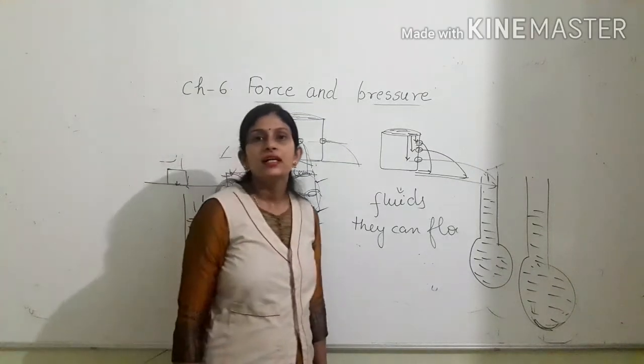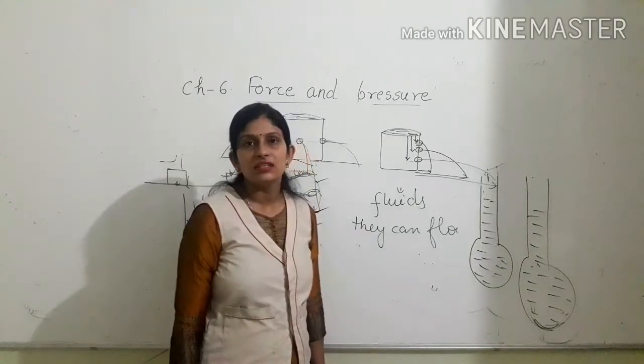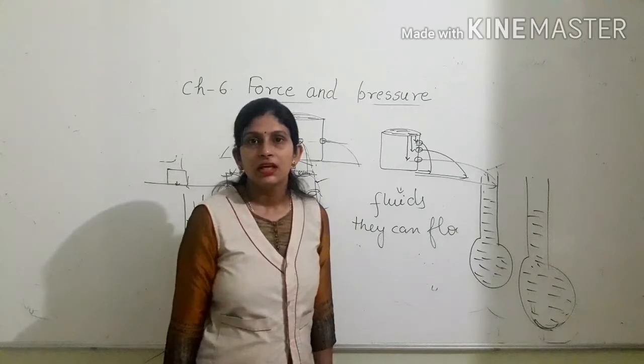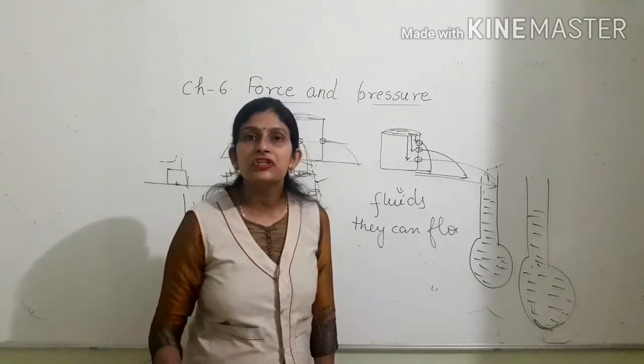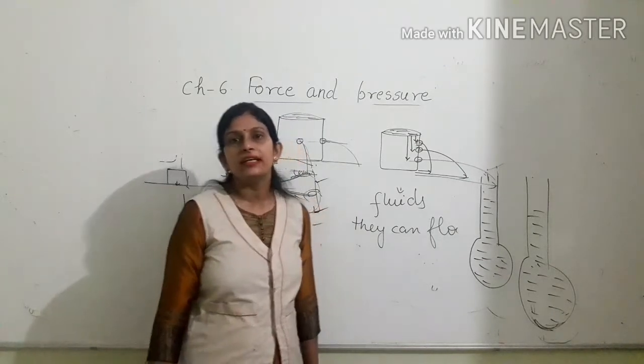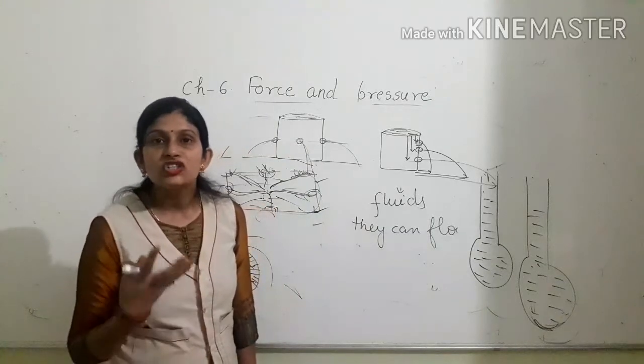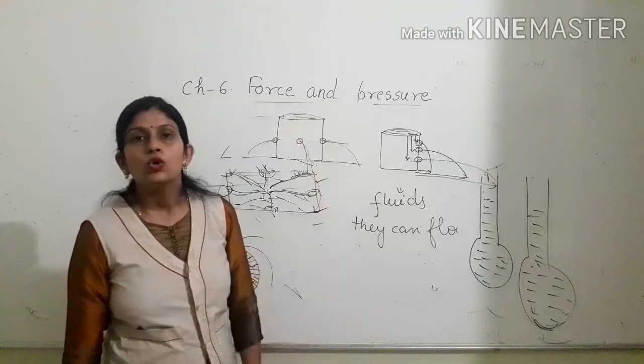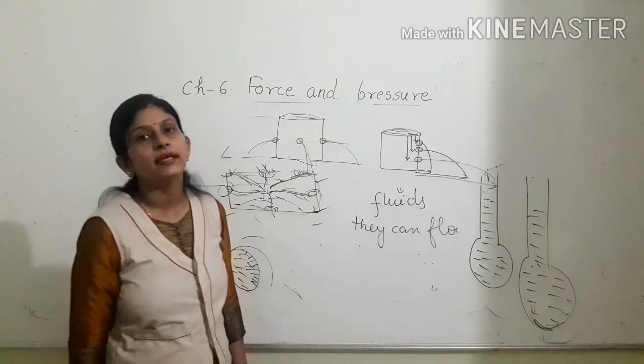That is why deep sea divers, when they go deep in water bodies like seas and oceans, wear special suits to withstand the high pressure exerted by ocean or sea water on them.